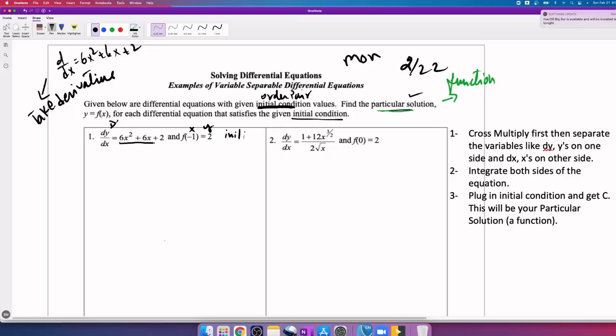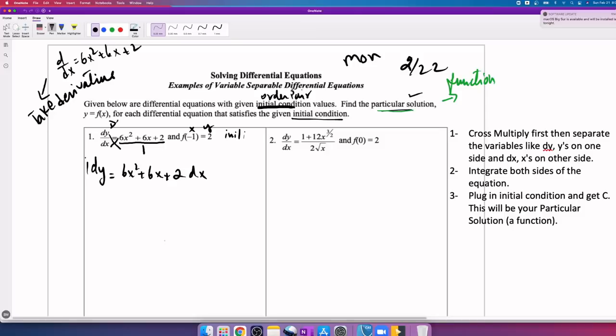I just put 1 here so I can cross multiply nicely. dy multiplied with 1, so it's going to go 1 dy equals 6x squared plus 6x plus 2 multiplied with dx. So I did the cross multiplication first, then separate the variables, which means dx and x are on one side, and dy doesn't have any y's, but it's on the other side. So we are good to go on that step.